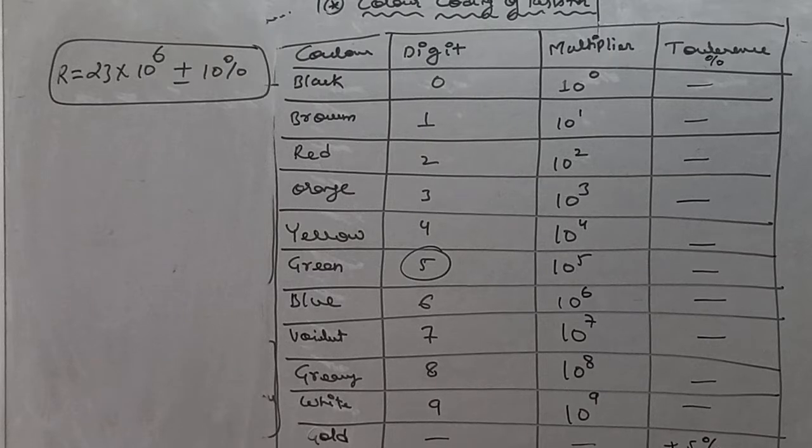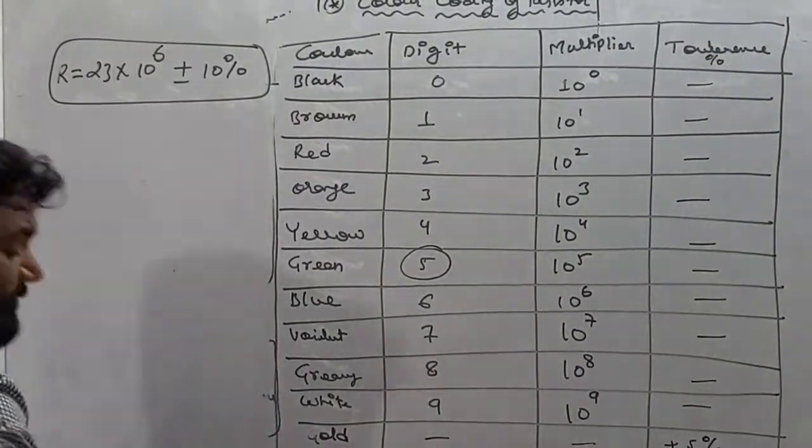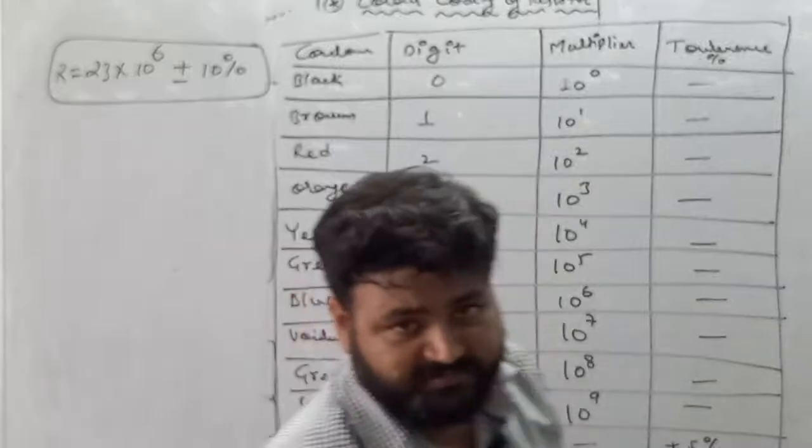Write down the question: the value of resistance is 23 into 10 raised to power 6 plus minus 10%, draw the color bands of the resistor.